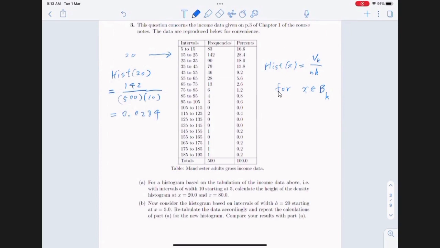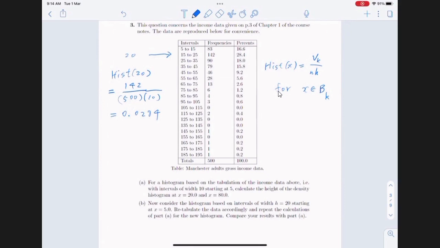So this is the answer to this question. The height of the rectangle erected over the interval containing the point 20 is equal to 0.0284. This is how we determine the height of the rectangle in a density histogram.